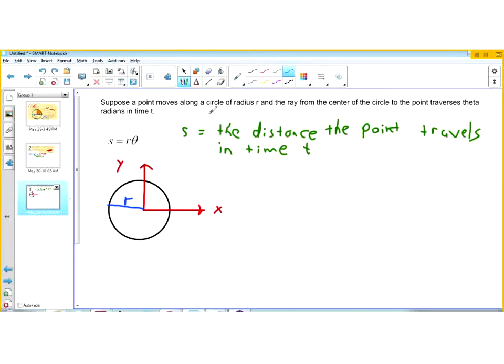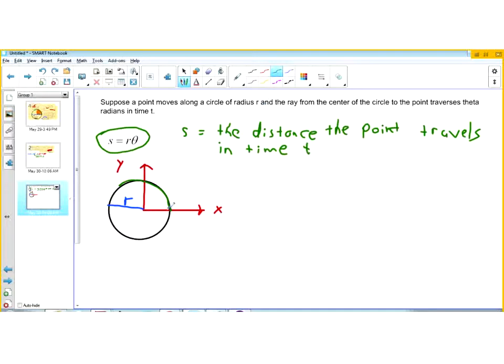Now the motion of S. Suppose S starts at this point, and then it goes counterclockwise along the perimeter of the circle of radius r, and say it stops right here. So the distance it traverses is this: S is equal to r theta.